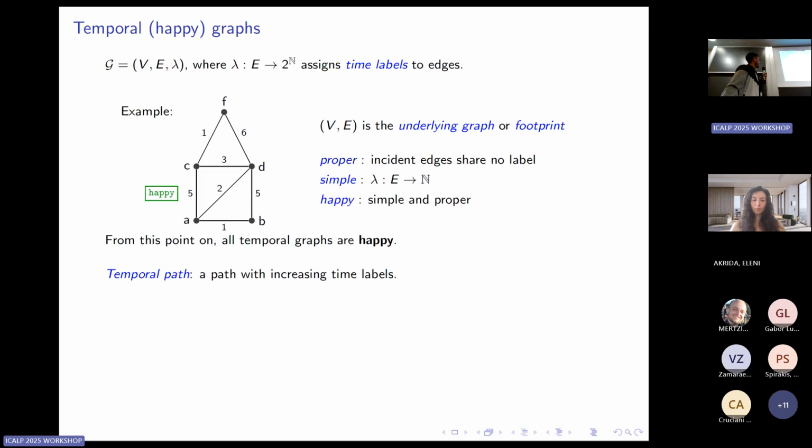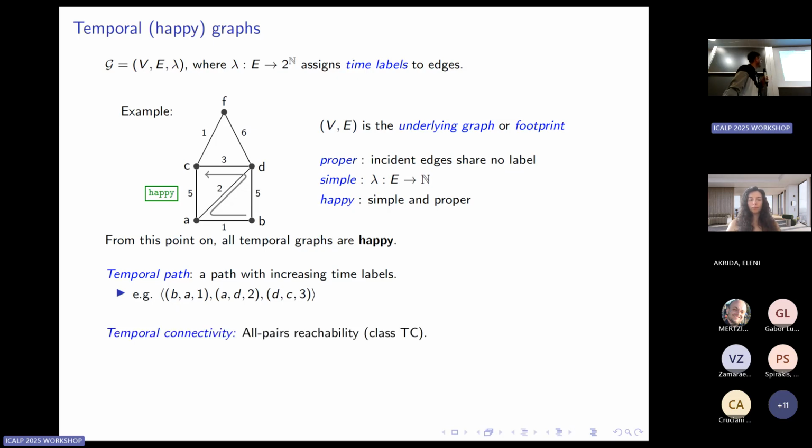And a temporal path in this setting is a path with increasing times. For example, in the picture, we have a path from vertex B to vertex C going through A and D and using times 1, 2, 3.